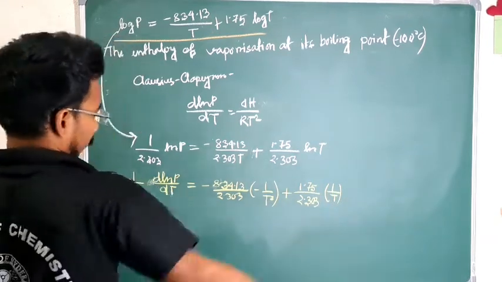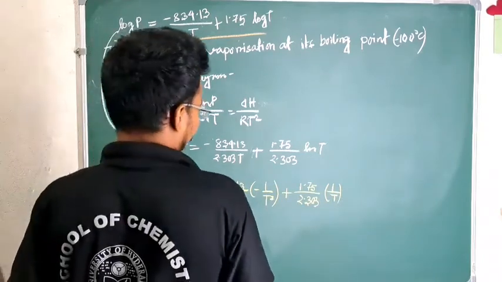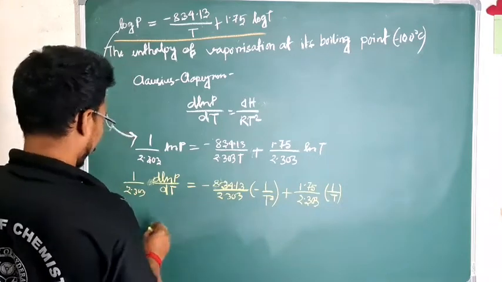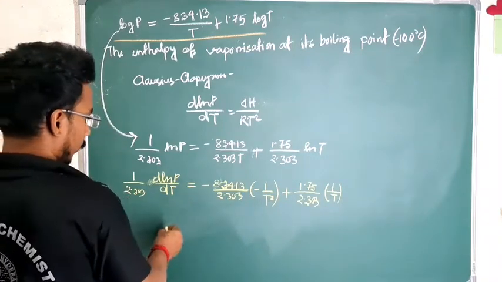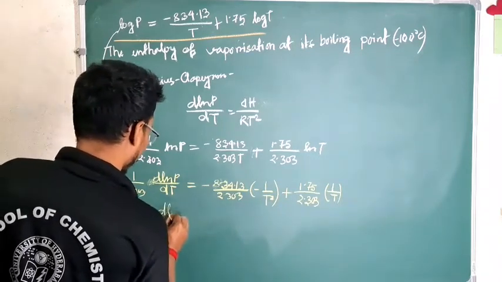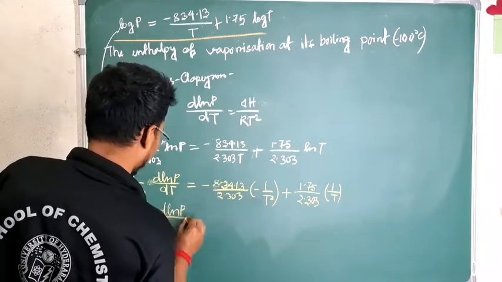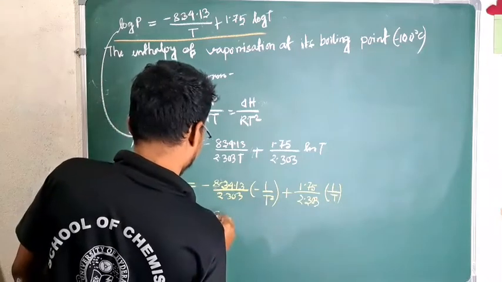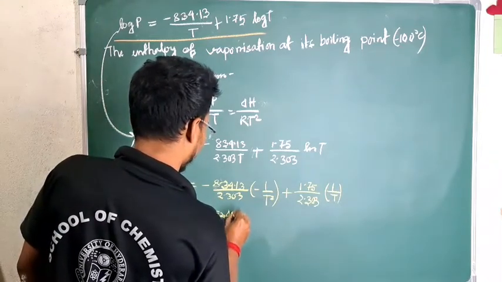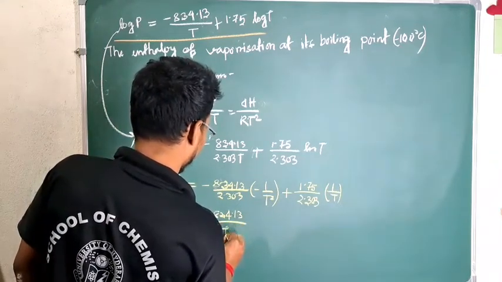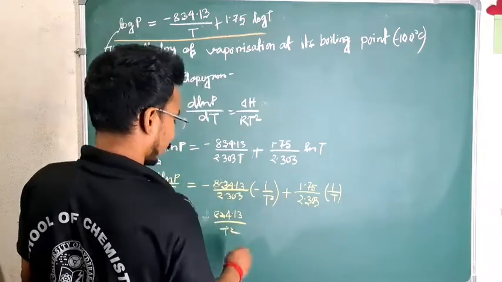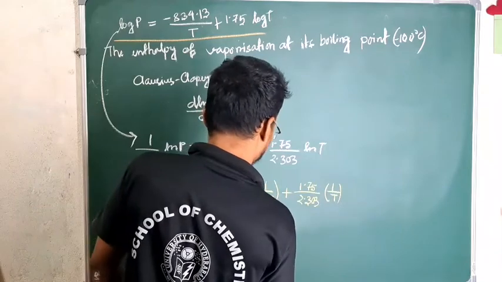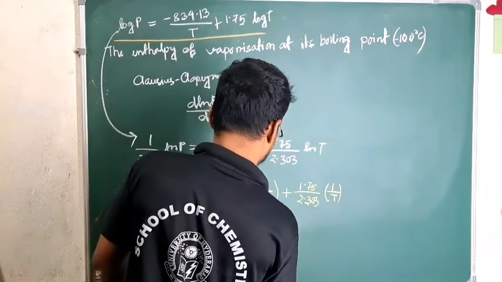Remove that 2.303 by multiplying with 2.303, so we get d ln P by dT equals 834.13 by T square, the minus is cancelled, plus 1.75 by T.